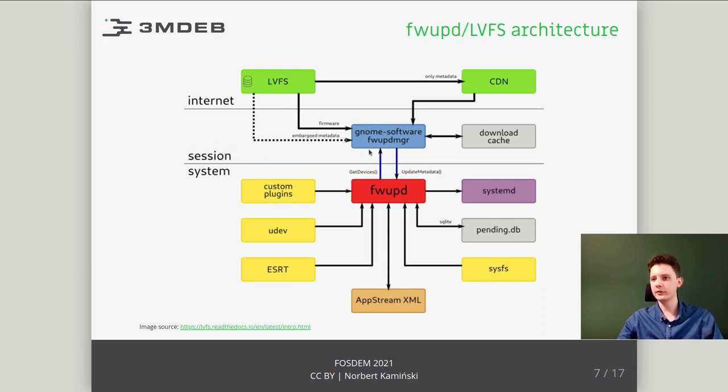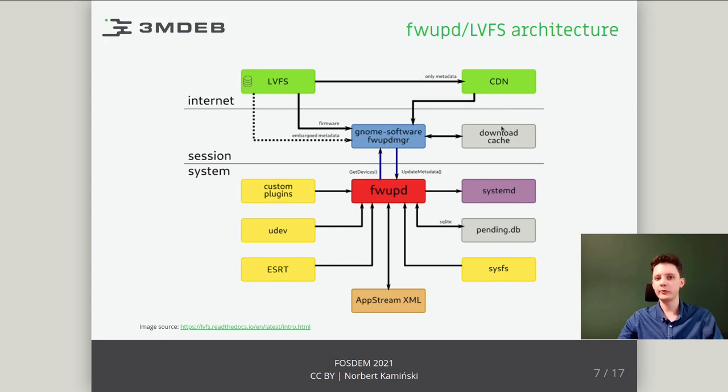In the session layer, there is the fwupd manager. The fwupd manager handles the whole process of the firmware update. It asks LVFS for metadata about new updates, and if there are updates available, it asks the user if he wants to upgrade his devices, and if he wants, it downloads the firmware and puts it in the cache.